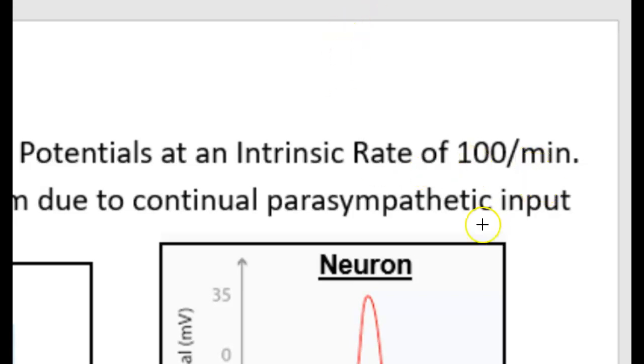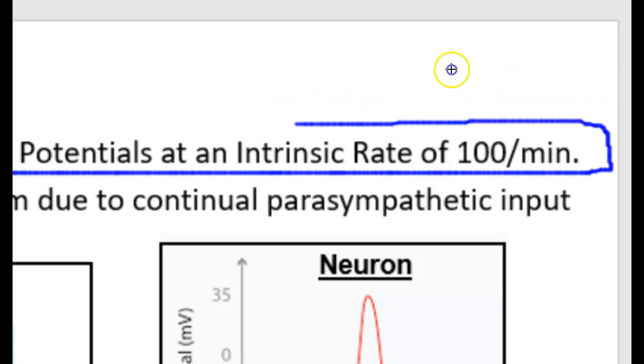Well, the SA node, by itself, without any input from the autonomic nervous system, can actually produce an intrinsic rate of action potentials of 100 action potentials per minute. Now, I know before I said 70 to 80, but that's because there's always some parasympathetic input to the SA node.